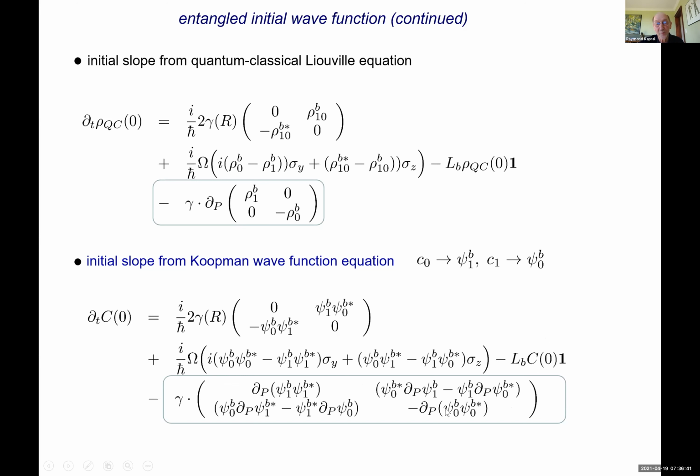The diagonal terms, again, look very analogous, but the off-diagonal terms are different because you really started from a wave function description, and the equation is not closed in the density, and you have to retain the wave function. And this has consequences for the observables.